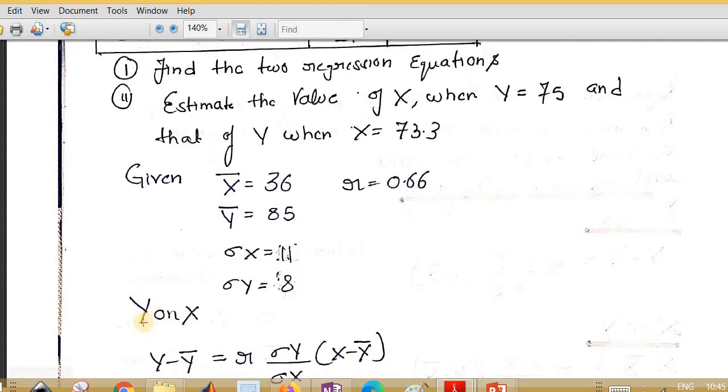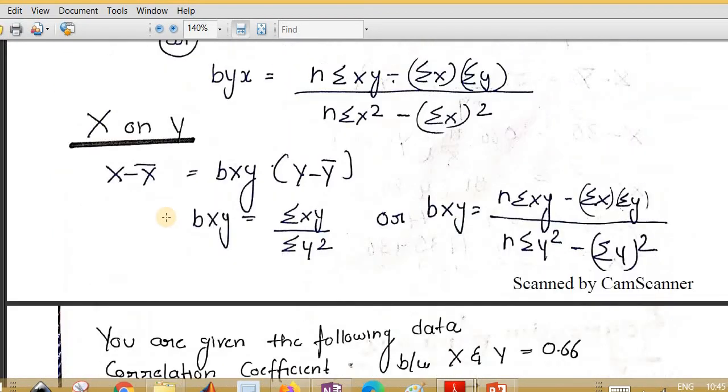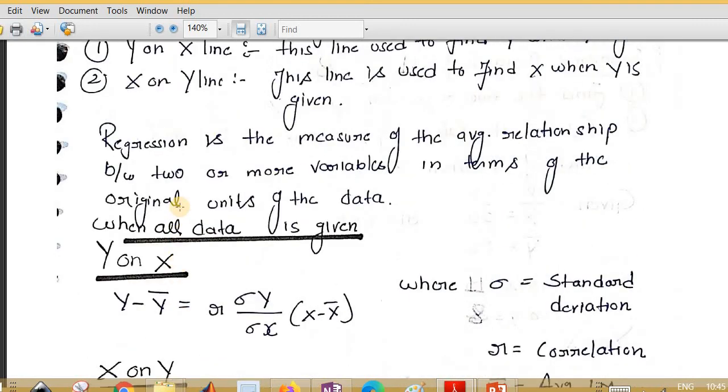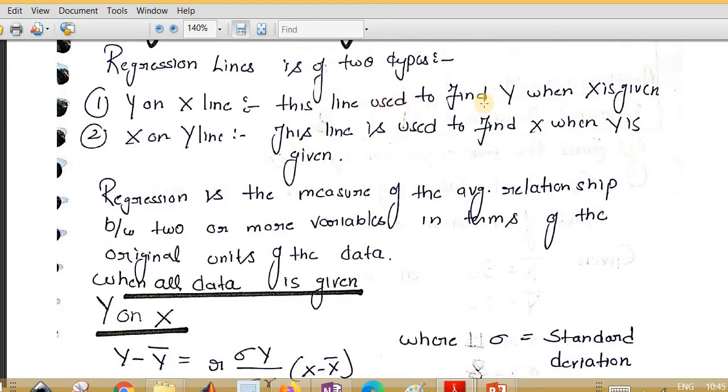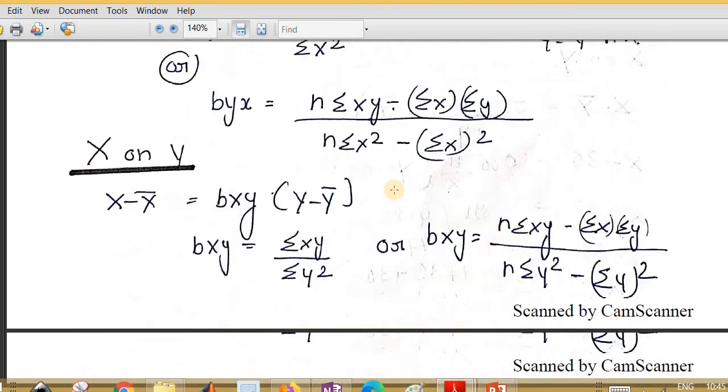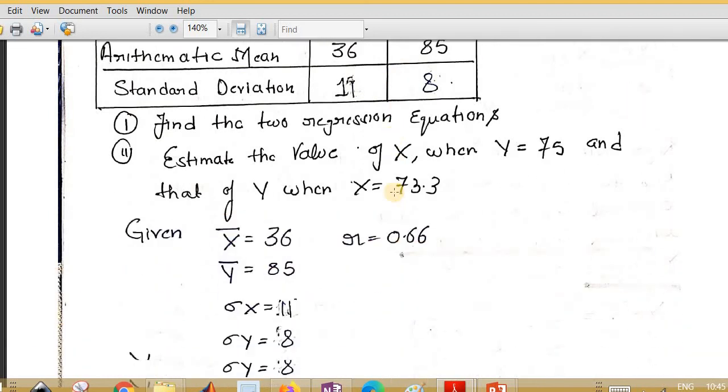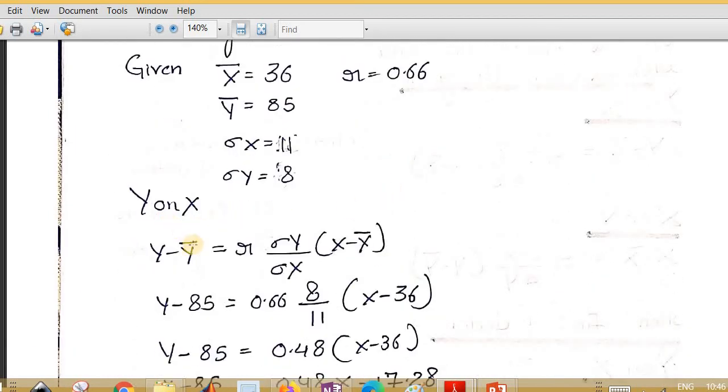Now computing y on x. What is y on x? This line is used to find y when x is given. Then y on x is y minus y bar equals r sigma y upon sigma x times x minus x bar.